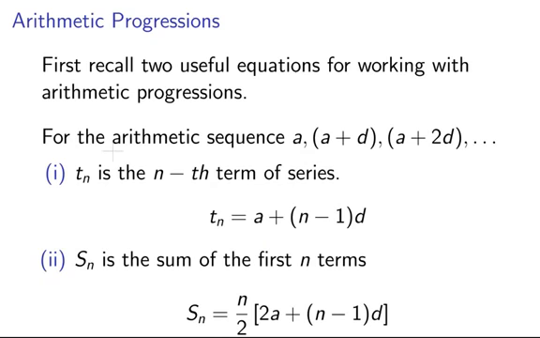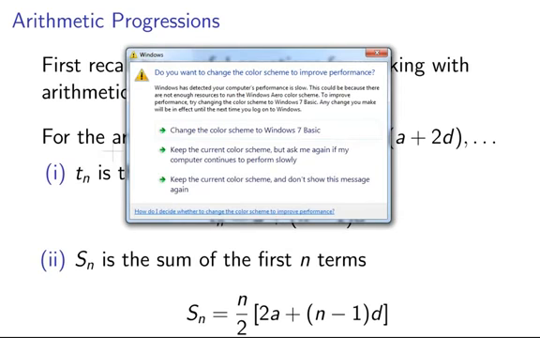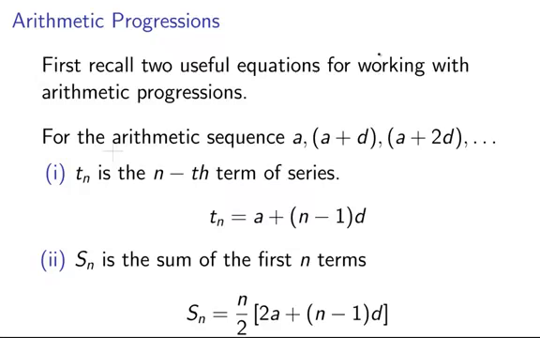Now, first recall two useful equations for working with arithmetic progressions. For the arithmetic sequence a, a plus d, a plus 2d, and so on, Tn is the nth term, and it is a plus n minus 1 times d.